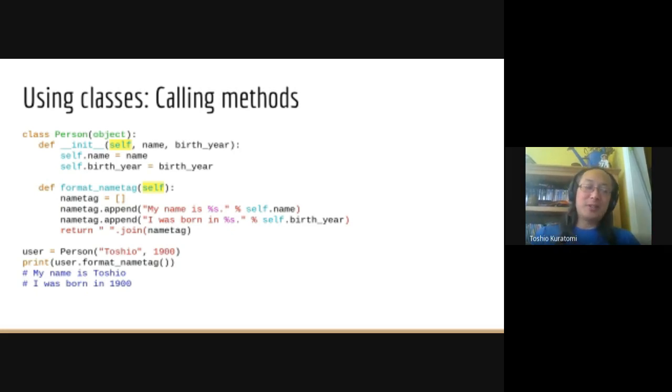But really, when you think about it, this user = Person('Toshio', 1900) maps very directly to calling __init__ yourself, right? You can see, oh, it needs 2 parameters, and I'm giving it 2 parameters. So you can just think of calling Person, the class, as equivalent to calling __init__, the function.